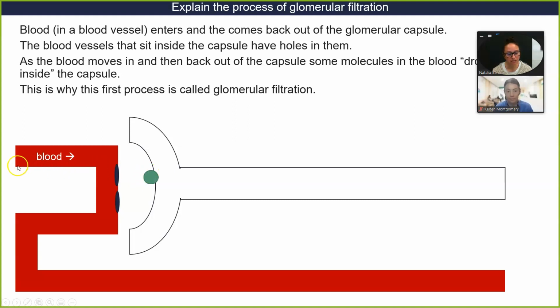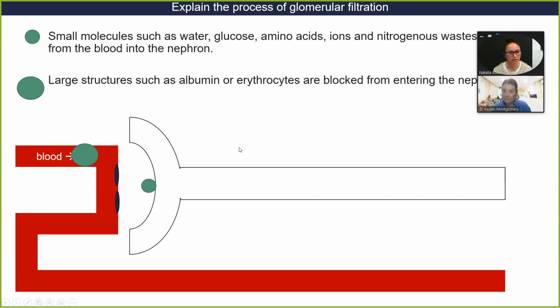This is because blood goes in, but there's a little section here of the capillary where it has holes in it. And this is called a filtration membrane. It's like a sieve. So these bits don't have holes. This is like a sieve, and then these bits don't have holes. Okay? So small things like water, glucose, amino acids, ions, and nitrogenous wastes, they go from the blood and into the nephron.